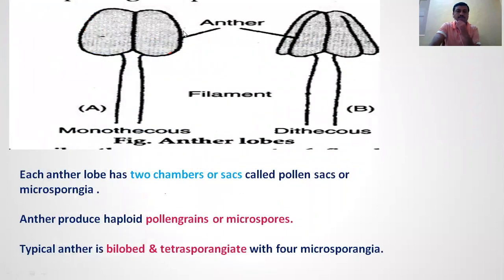Like this, it is the monothecious with two microsporangia, and this is the diathecous with four microsporangia.